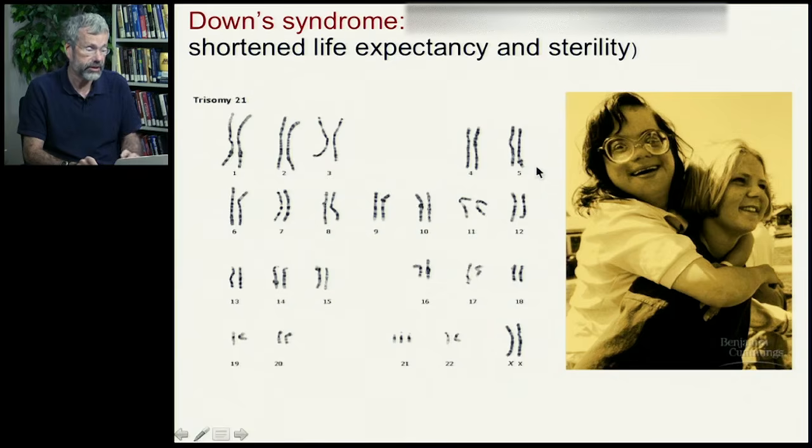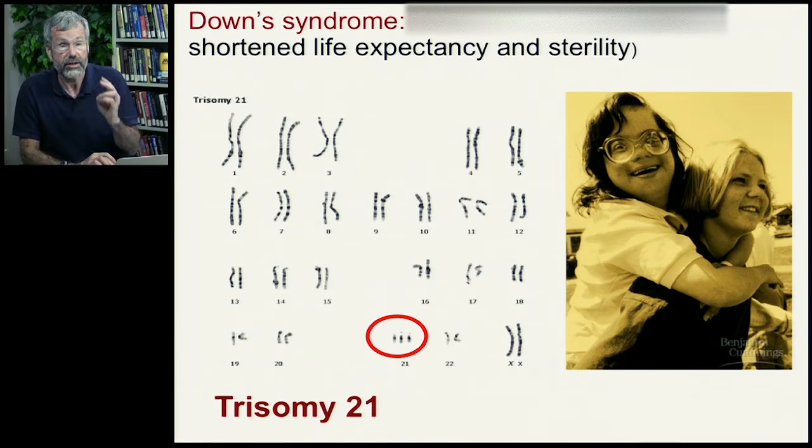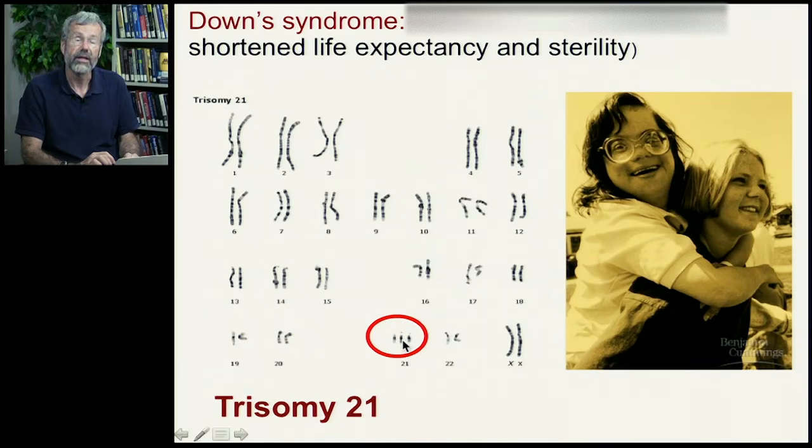But what's happened with this is that whereas most of the tetrads divided properly at meiosis, one didn't. And so if you have an extra copy of chromosome 21 because of nondisjunction, either with that tetrad or the sister chromatids, you get an extra copy of chromosome 21, and now everything's out of balance.